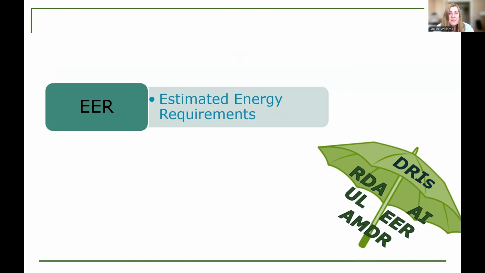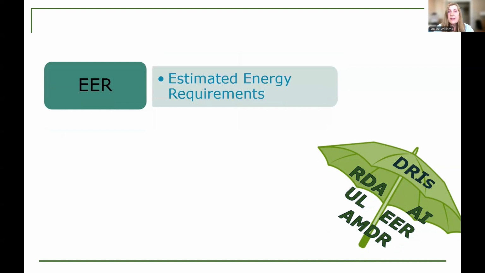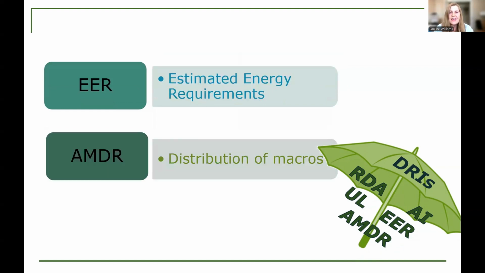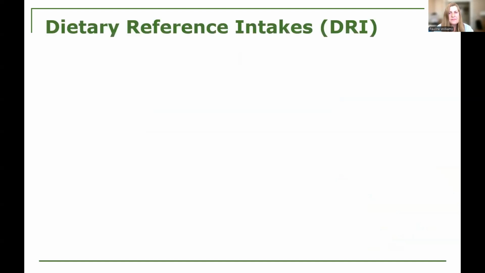This is the amount of calories needed to maintain a healthy weight. Closely related to the EER is the Acceptable Macronutrient Distribution Range, or the AMDR. The AMDR tells you what percentage of your calories should come from carbohydrate, protein, and fat.